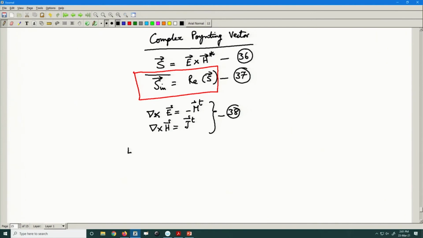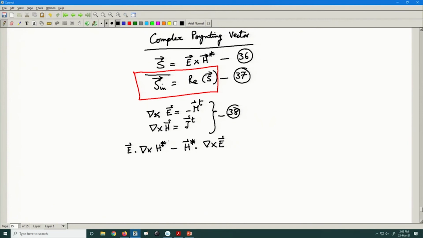We will now compute this one. It will involve the complex conjugate, while in the instantaneous domain we had only the instantaneous quantities.